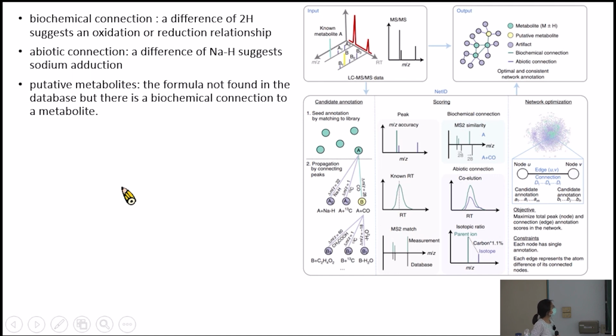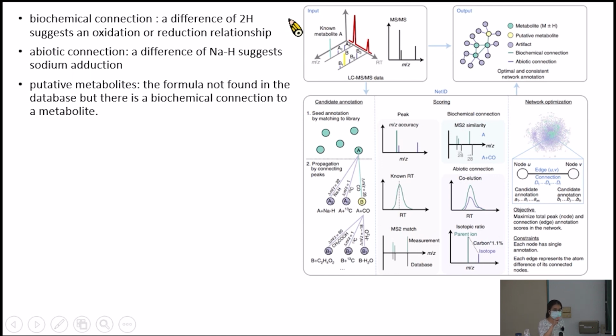For example, if there is a difference of two protons, then we will define this connection as a biochemical connection, because this connection may be derived from the processes of oxidation or reduction relationship. So it was defined as the biochemical connection. In contrast, if the difference is from the sodium and proton difference, we will suggest this is an abiotic connection.